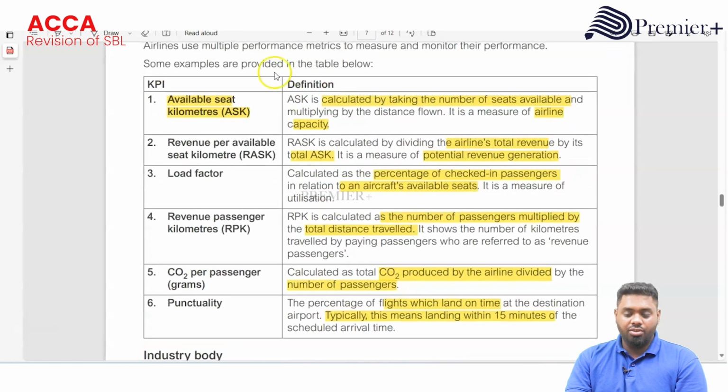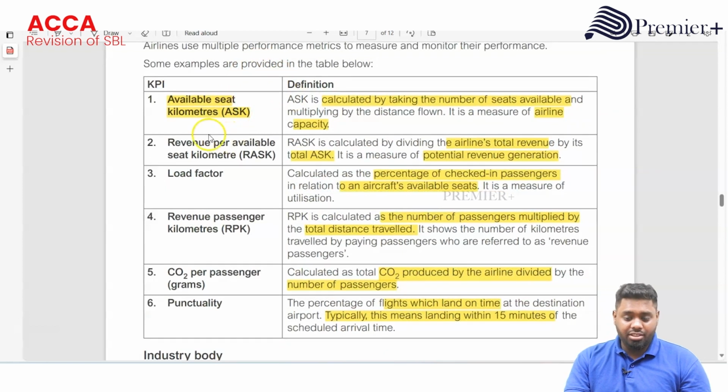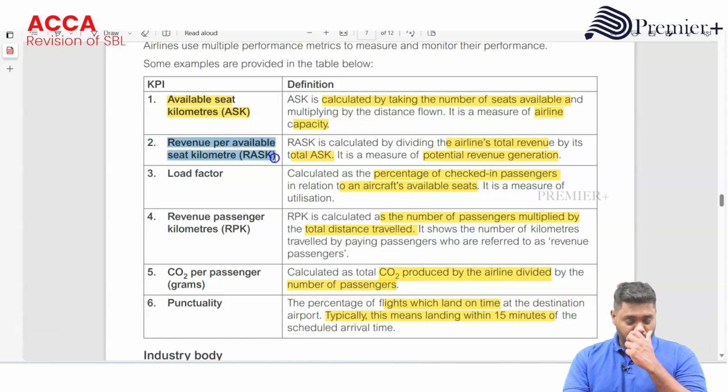There are 6 shared. One is available seat kilometers to show the airline capacity. Revenue per available seat kilometer shows us the potential revenue generated. So these are key performance indicators to evaluate the efficiency of Cochets as well as the revenue generation returns.